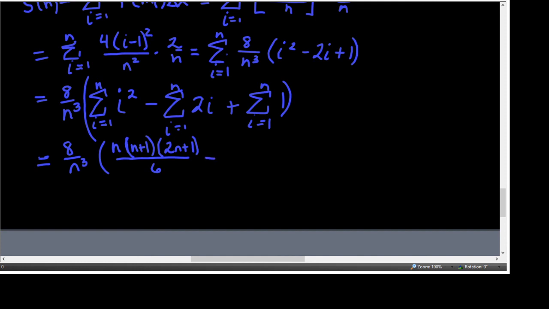Then that 2, I'm going to think of having pulled that out without actually writing that step. So I've pulled the 2 out. And then the sigma i that's left, if you recall, that formula is n times (n plus 1) all over 2. Plus, then this is the sigma of a constant. That formula is the constant 1 times the upper bound n.